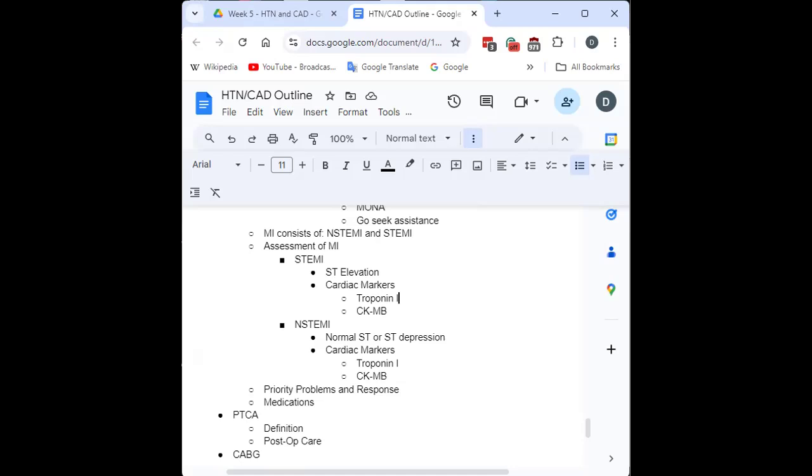Actually, we don't have the range here. I think it was given back in first semester. I just remember anything above 0 being abnormal for troponin. But it depends on the units wherever you're at is using as well.